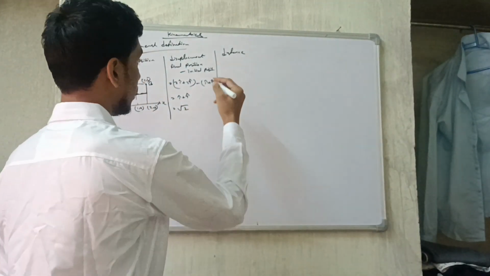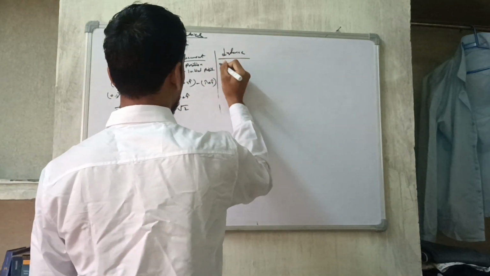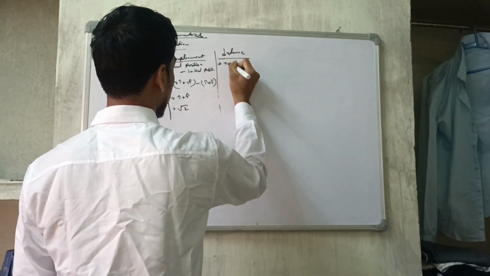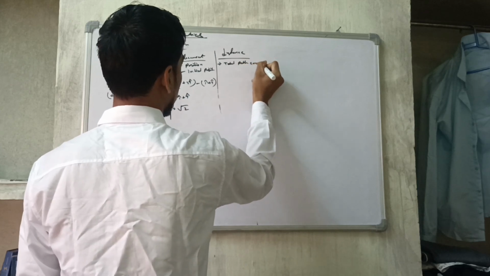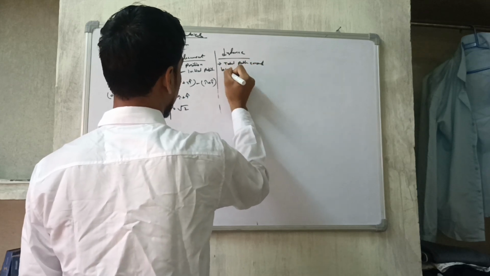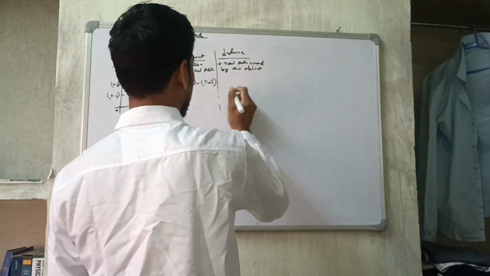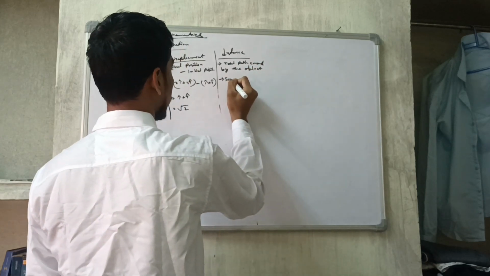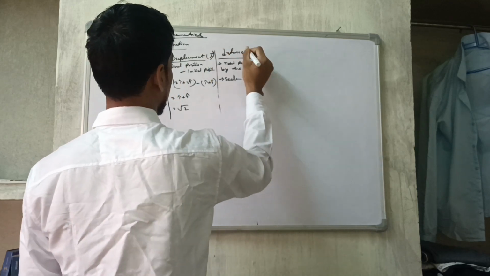Now come to the distance. Distance is the total path covered by the object. It's a scalar quantity, and displacement is a vector quantity.